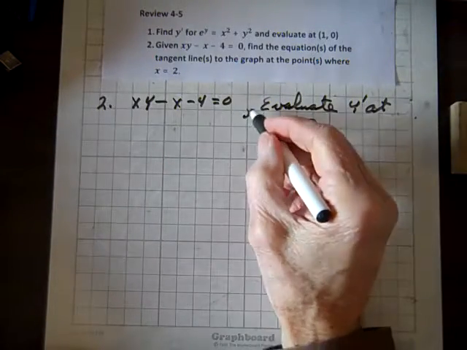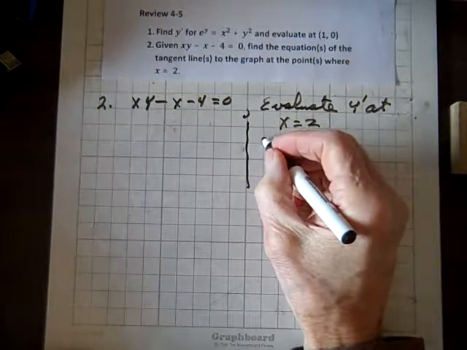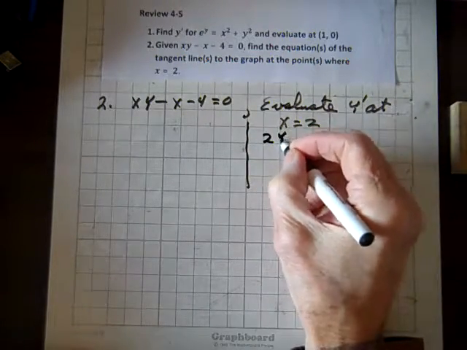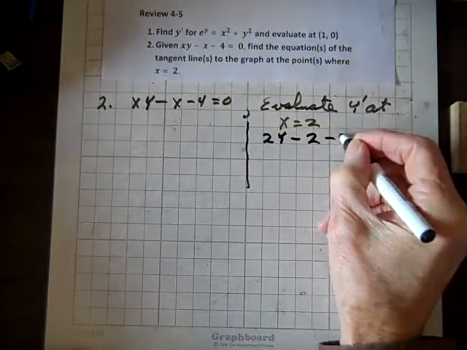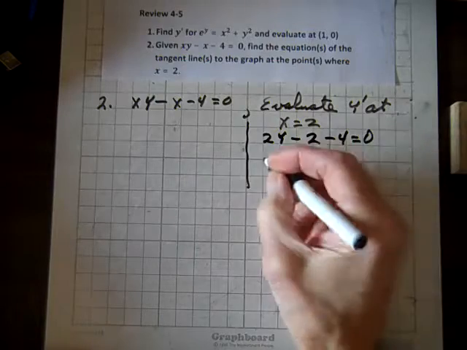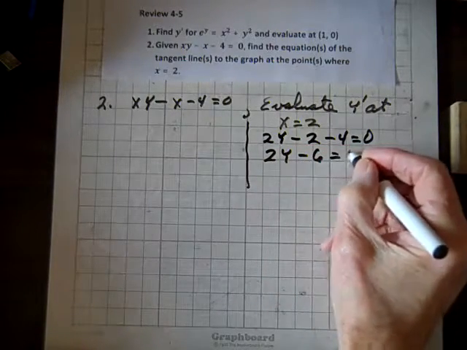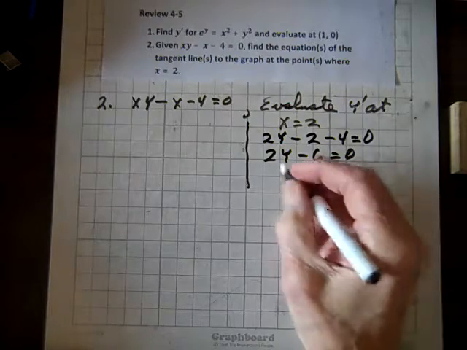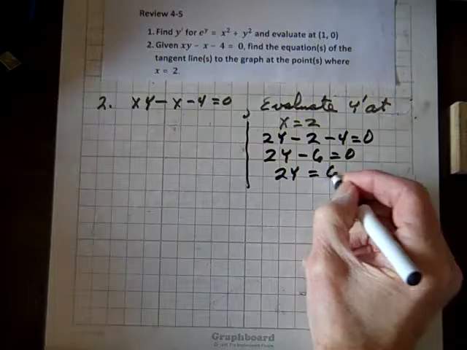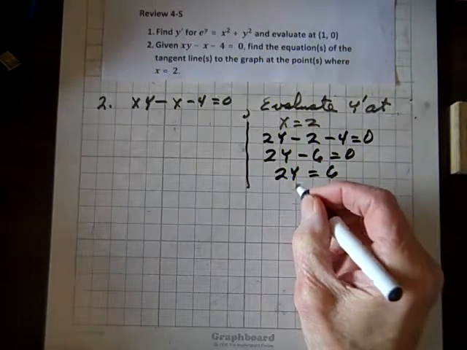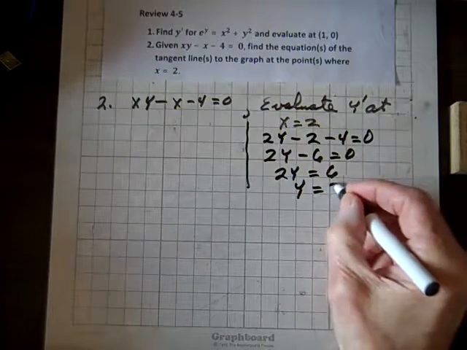If x equals 2, then replacing every x with 2 here, we get 2y minus 2 minus 4 equals 0. So 2y minus 6 equals 0. So adding 6 to both sides, 2y equals 6, and dividing through by 2, 6 divided by 2 is 3.